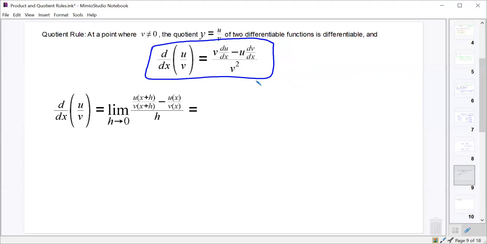And we're going to prove that by using a limit as h approaches 0 of the difference quotient of u divided by v, which should be u of x plus h over v of x plus h minus u of x over v of x all over h. Conceptually good with what we're about to try to do?